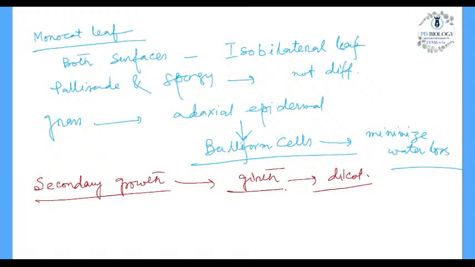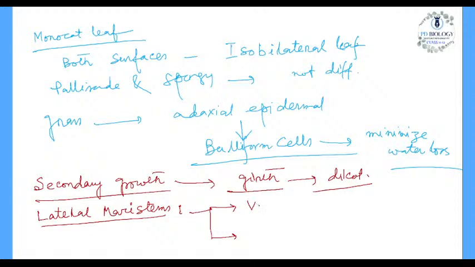The tissues involved in secondary growth, very important, are the lateral meristems. Two lateral meristems are responsible for secondary growth.